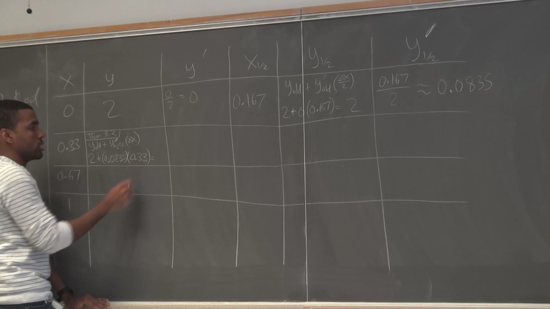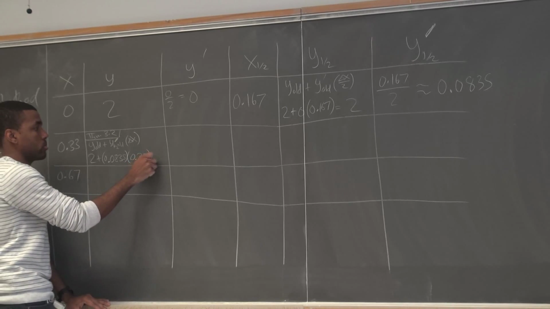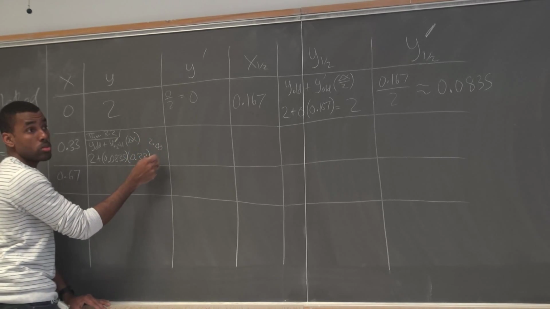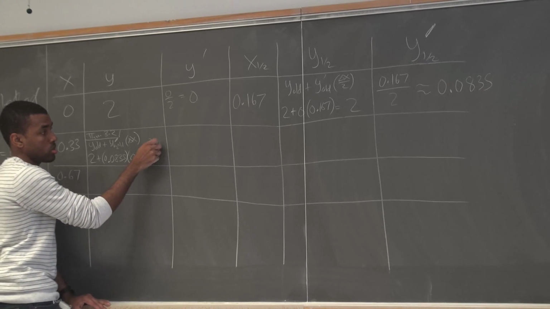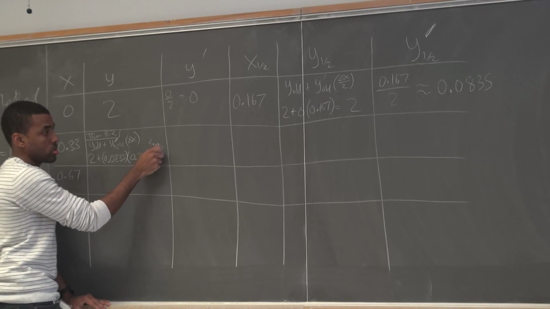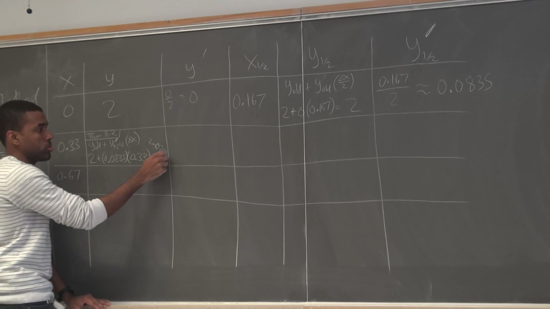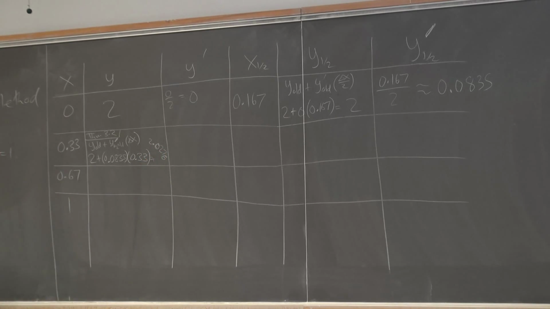And that gives us 2.027555. Okay, let's just do 4 decimal places, so that's 2.0276.